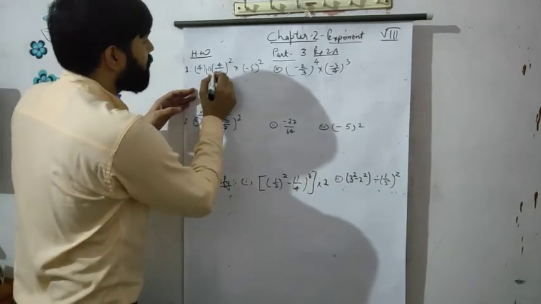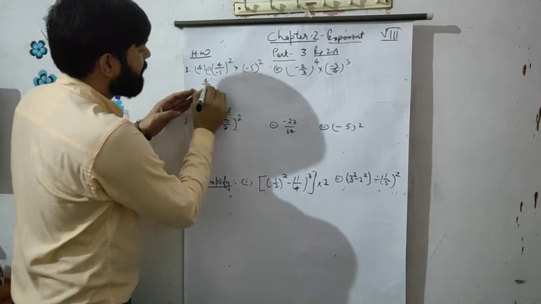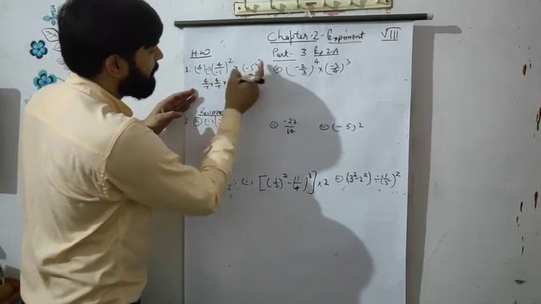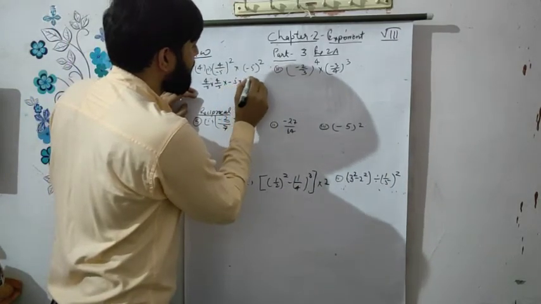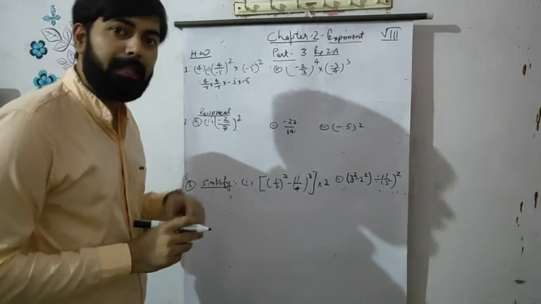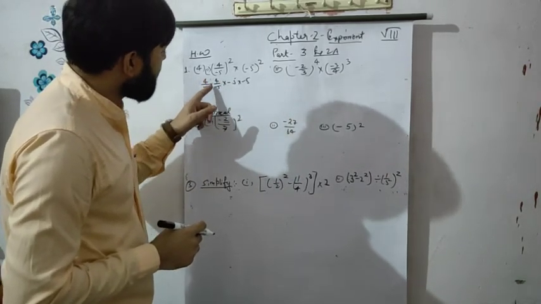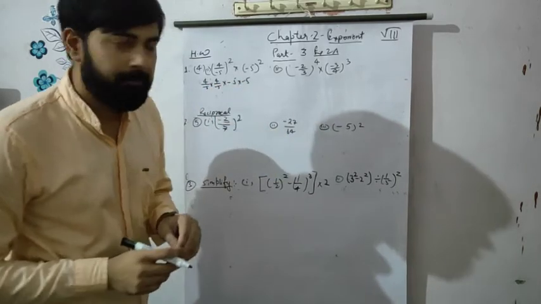So what is here? 4 upon minus 5 power 2. So 4 upon minus 5 multiplied by how many times? 2 times. And then multiply by minus 5 how many times? 2 times. Multiply by minus 5, multiply by minus 5. Look here: 4 upon minus 5 multiplied by 4 upon minus 5 multiplied by minus 5 multiplied by minus 5.